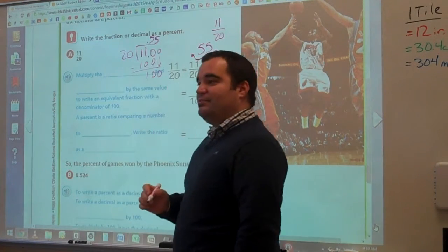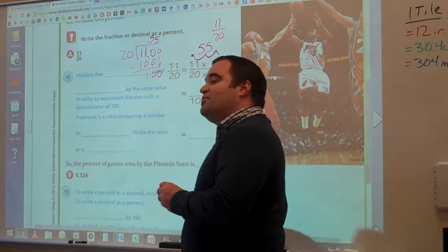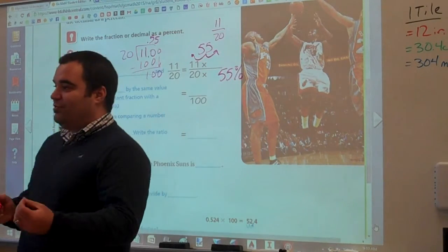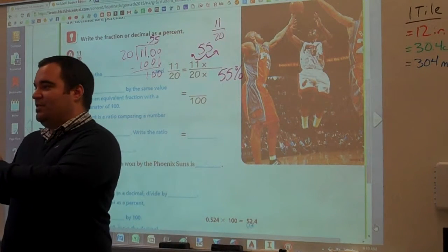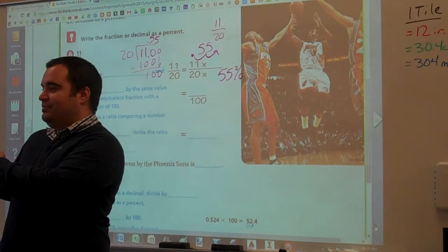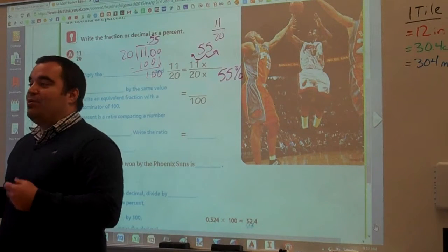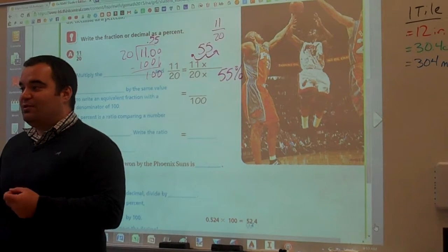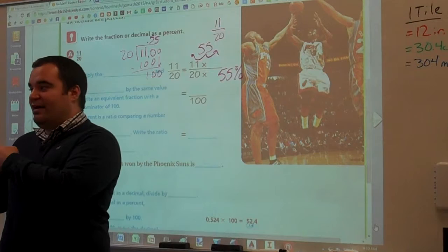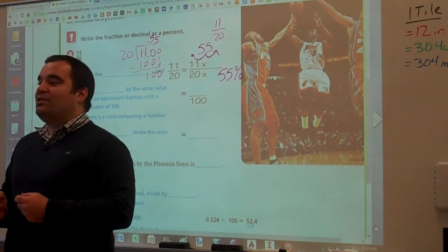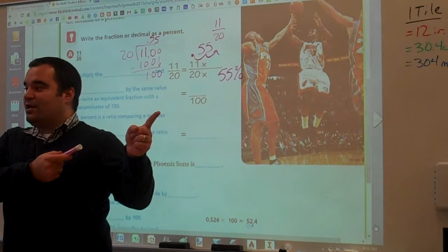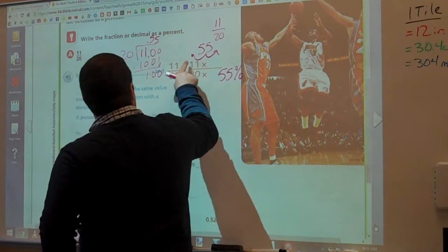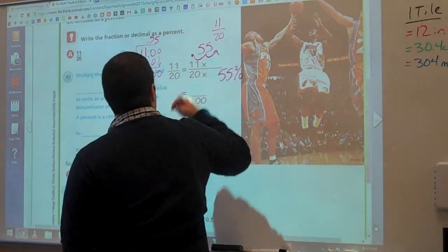It is the exact opposite. If I turn a percentage into a decimal, it's 2 places to the left. If I turn a decimal into a percentage, 2 places to the right. 1, 2, 55%.